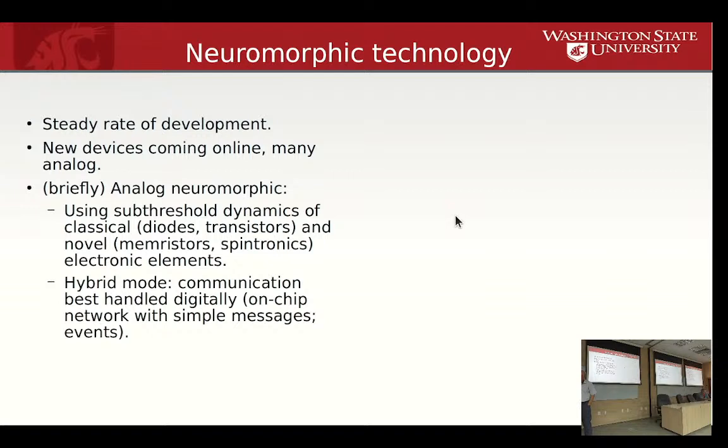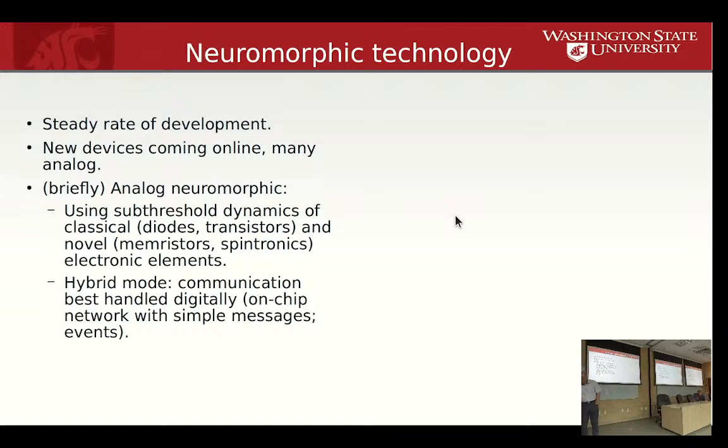Relatively quickly about analog neuromorphics. I mentioned briefly, but they use subthreshold dynamics in either classical electronic elements like diodes and transistors, or some are trying novel electronic elements like memristors and spintronics. But all that is away from the CMOS idea of just having switching elements where only ones and zeros are there.